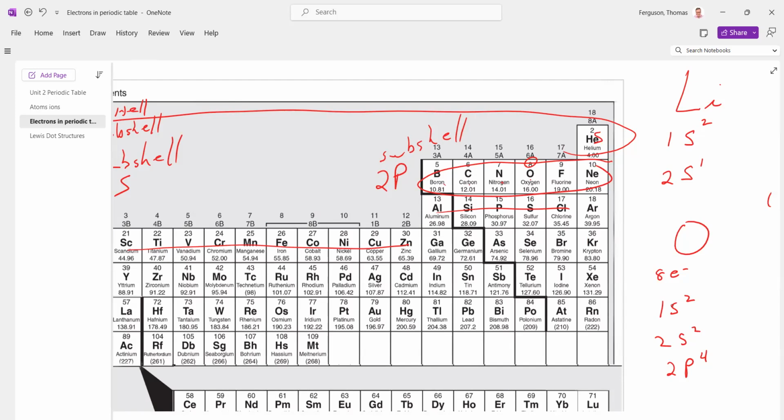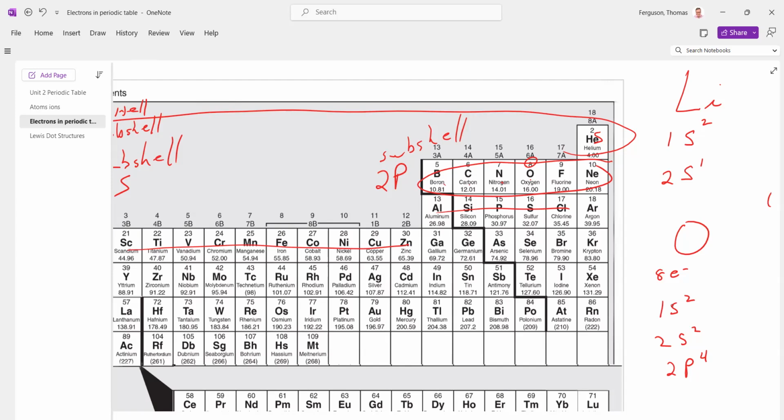Now, remember when we were doing Lewis diagrams, how many electrons make up a bond? 2. We have 6 to account for. So how many orbitals are in the p block? 3, because 3 times 2 is 6.